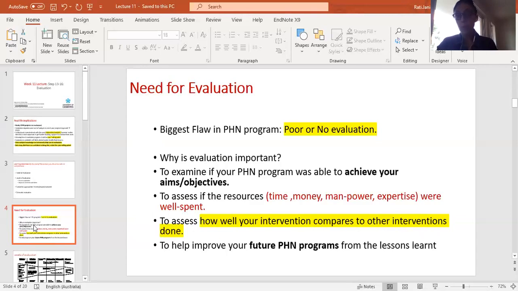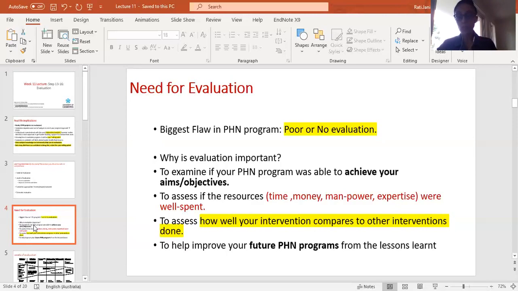Maybe a colleague of yours has done the same kind of intervention on fruit and vegetable intake among children in Adelaide, and you're doing the same kind of intervention in Sydney or in Canberra. So you want to compare whether yours has been successful in comparison to others who are there in the market. You want to see that. That is external benchmarking, when you compare your work to a certain reference standard.